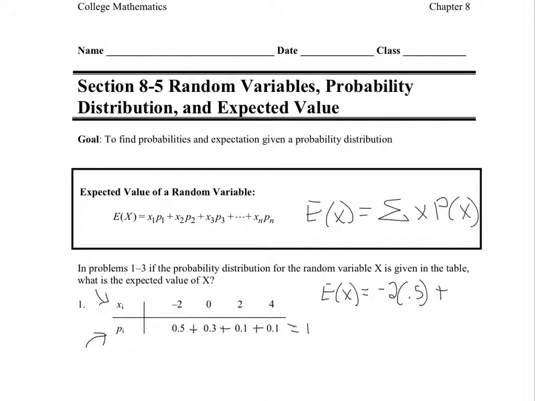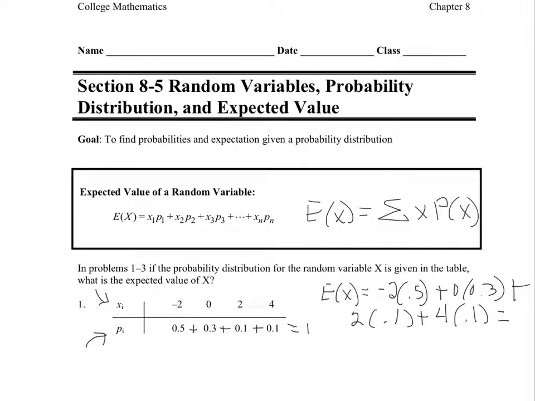Then we add the next X times the probability. Well, 0 times anything is going to be 0, so that one will be easy to calculate. Plus, the next outcome is 2, and the probability of that is 0.1.